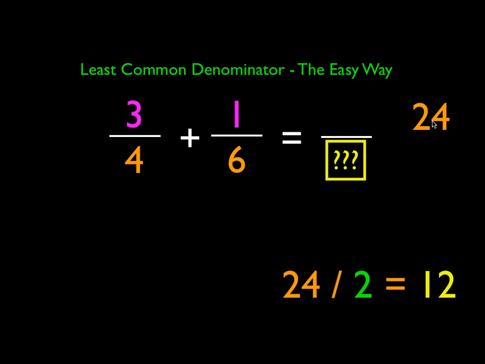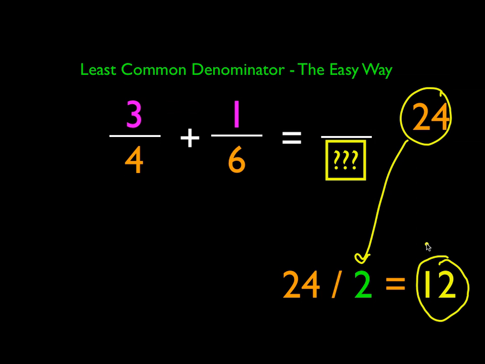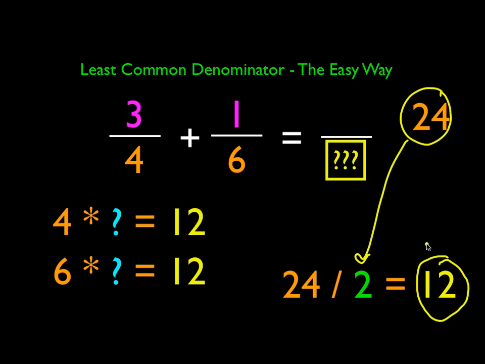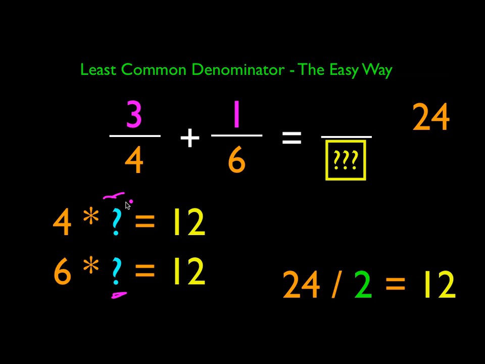Okay, so then the next step is to take this number, divide it by 2, and then check to see if this is a good common denominator still. The way you check that is you ask yourself, is there a number that 4 times something equals 12, and 6 times another number equals 12? So we're checking to see if this is a good common denominator.